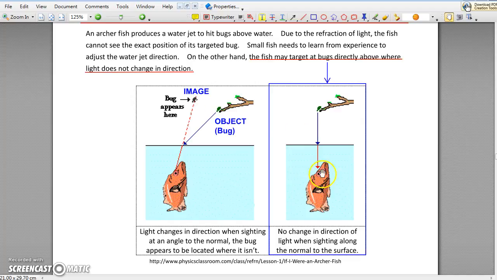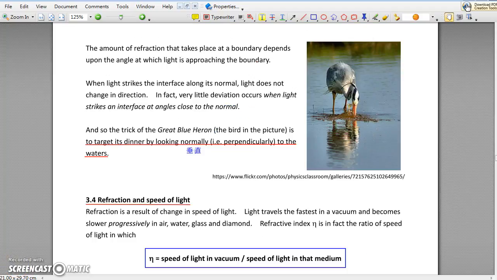On the other hand, if a fish targets a bug directly above it, there will be no refraction of light, so there is no change in direction. Similarly, a great blue heron also has the same problem, and that's why it usually targets its dinner by looking normally to the water.